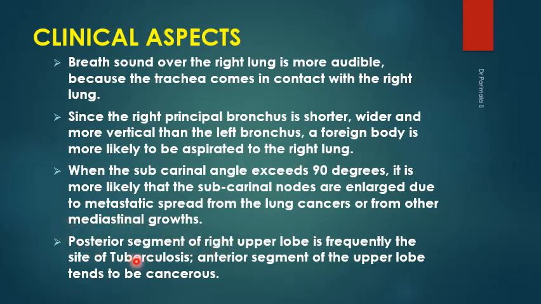So the posterior segment is most affected with tuberculosis. An anterior segment of the upper lobe tends to be cancerous. So any cancerous lesions, if you suspect in the right lung, mostly it will be affecting the anterior segment of the upper lobe of the right lung, right? So cancer is in the anterior segment, tuberculosis is in the posterior segment of the upper lobe of the right lung.